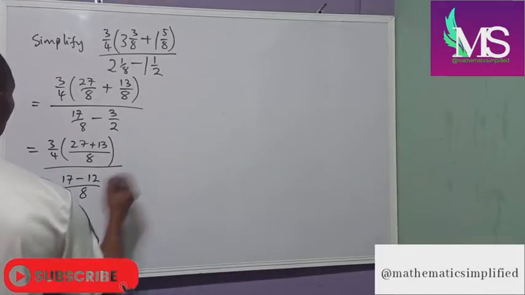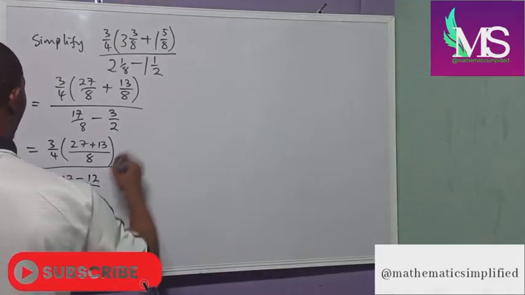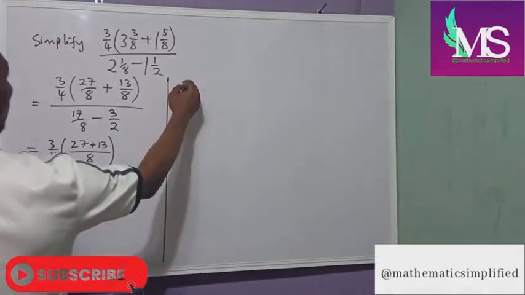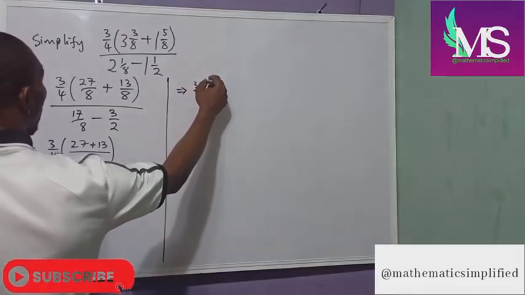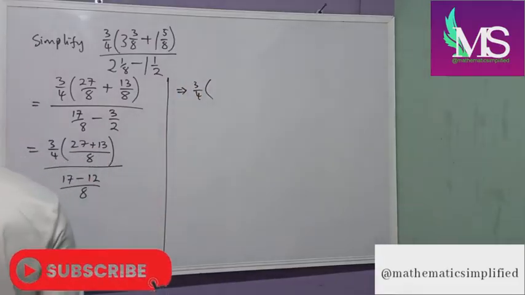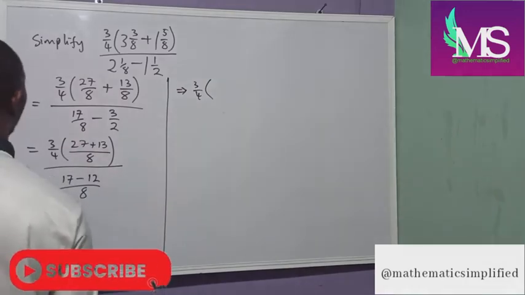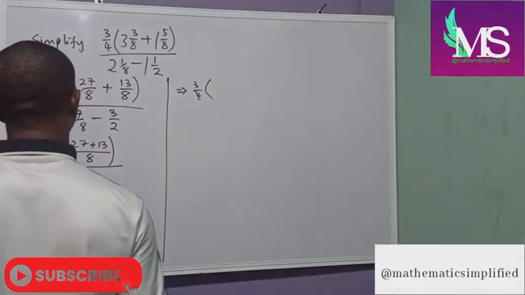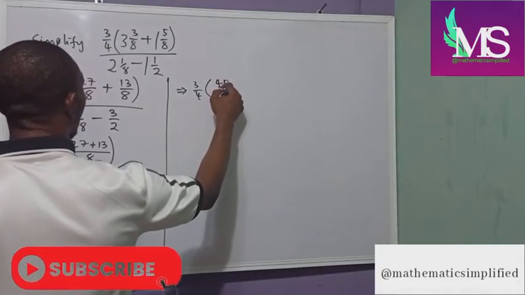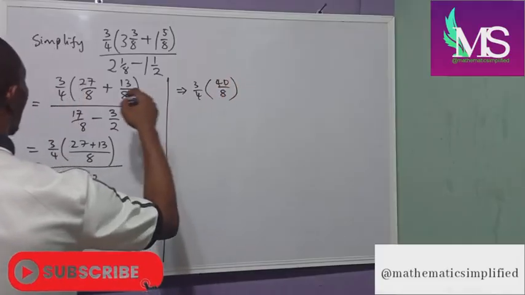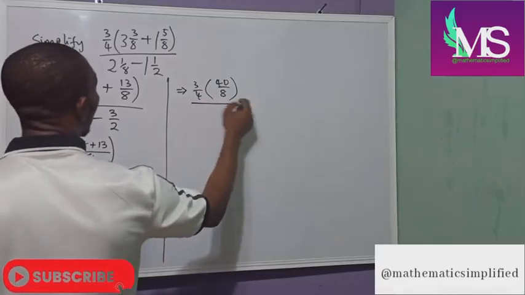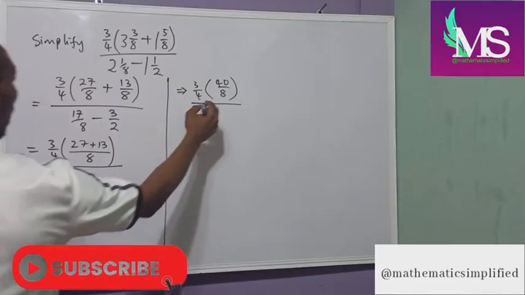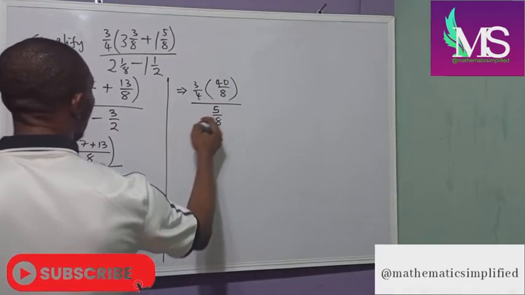Now, from here, we have it as 3 over 4 bracket 13 plus 27, which would give us 40 over 8, divided by 17 minus 12 which will give us 5 over 8.